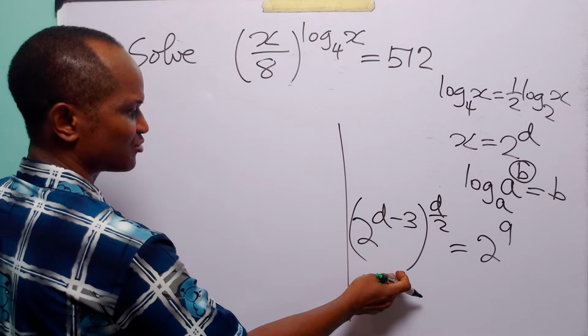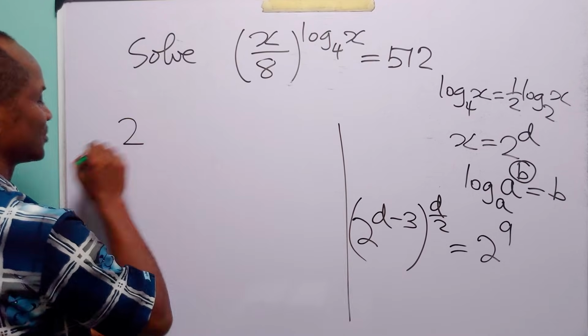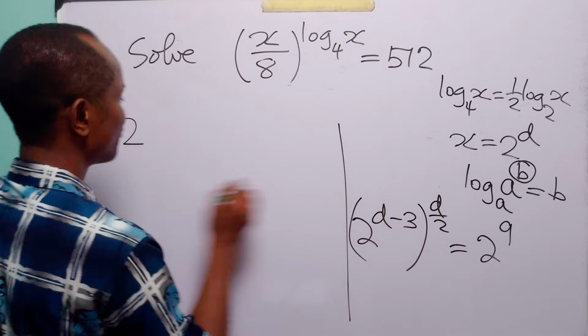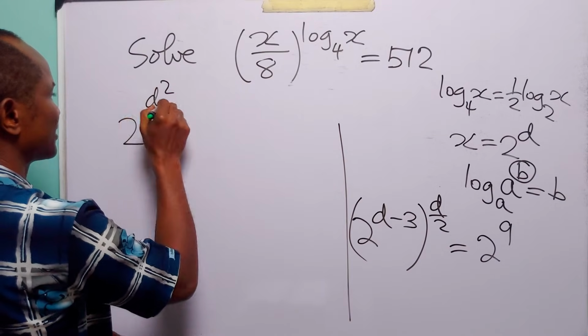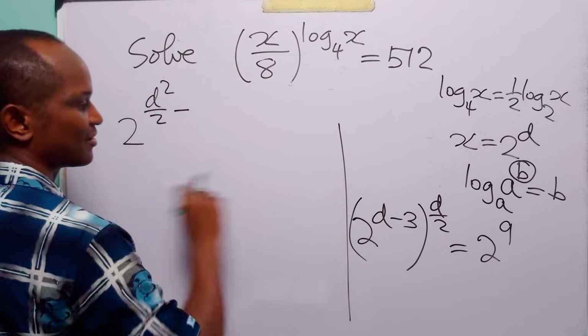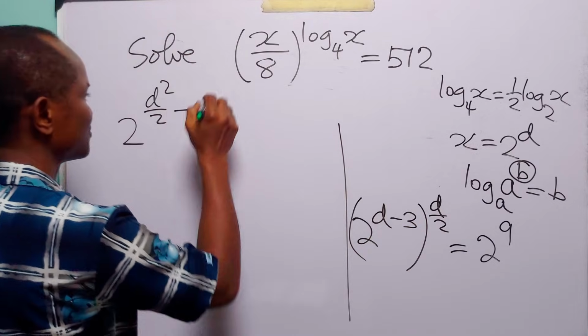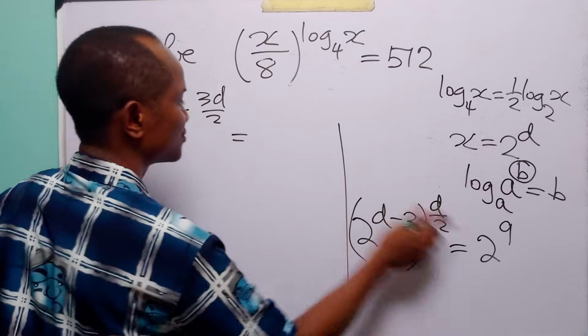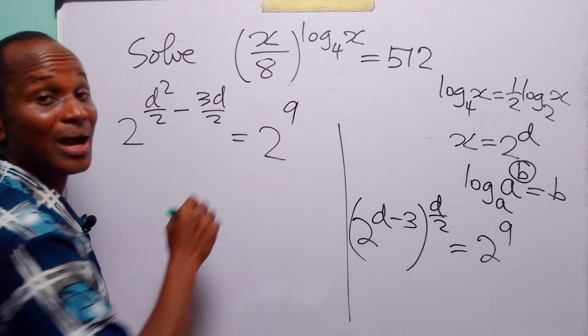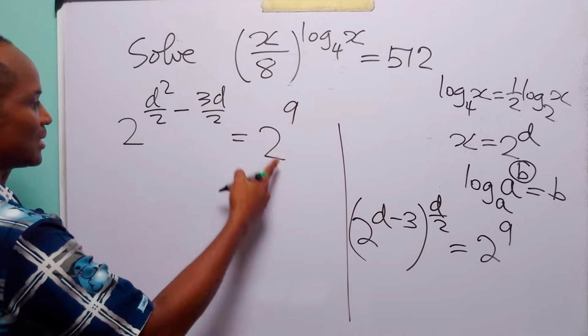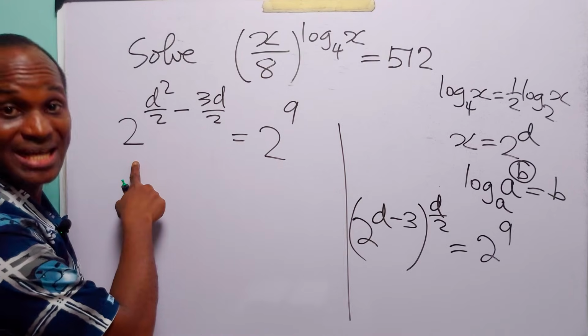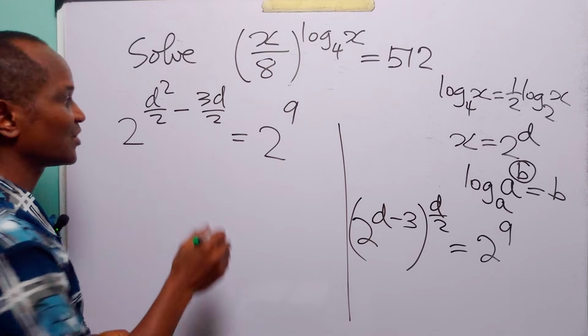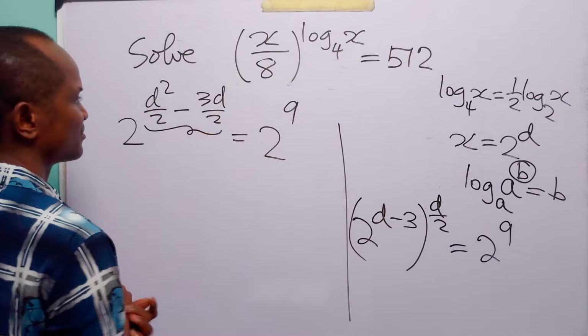And when we open this bracket, we have 2 to the power d times d over 2, which is d squared over 2, minus 3 times d over 2, which is 3d over 2, equal to 2 to the power 9.